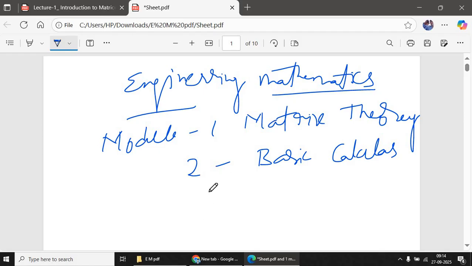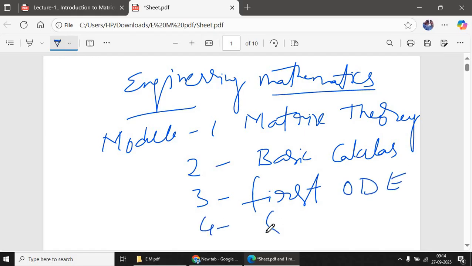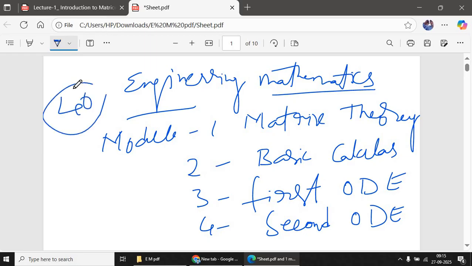Unit three is about first order ODE, meaning ordinary differential equations, and the fourth will be second order ODE or higher order. We are planning to make a maximum of 40 lectures on these modules.